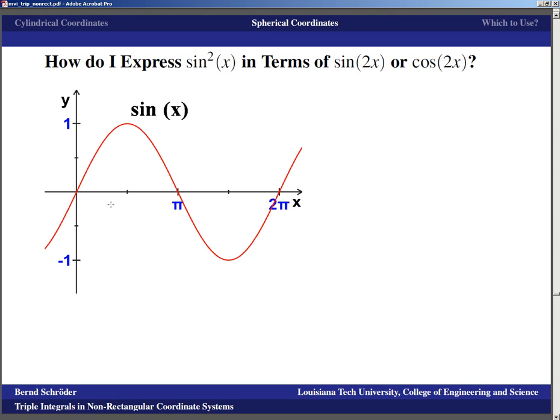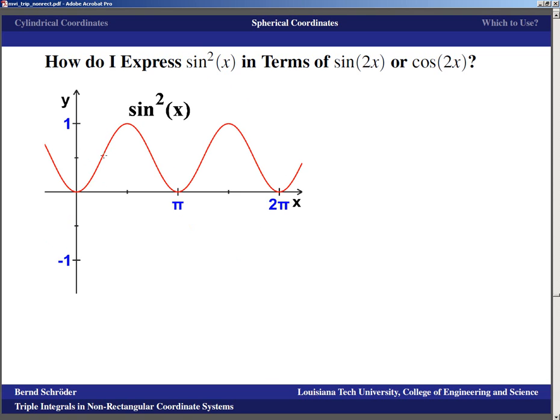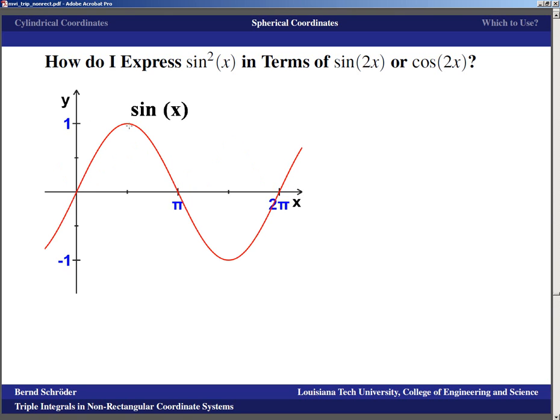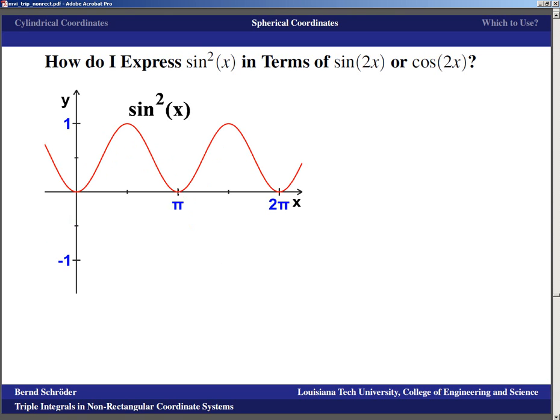Typically, I would always recommend that you draw yourself a sine function and you realize then that sine squared is the same thing, only that the amplitude has been cut in half because now it oscillates around y equals 1/2, and we have that the frequency has doubled because here we need 2 pi for a full period, whereas here we only need pi for a full period, which already gives away that we need a doubled frequency either for a sine or for a cosine, and the rest just comes off the picture.